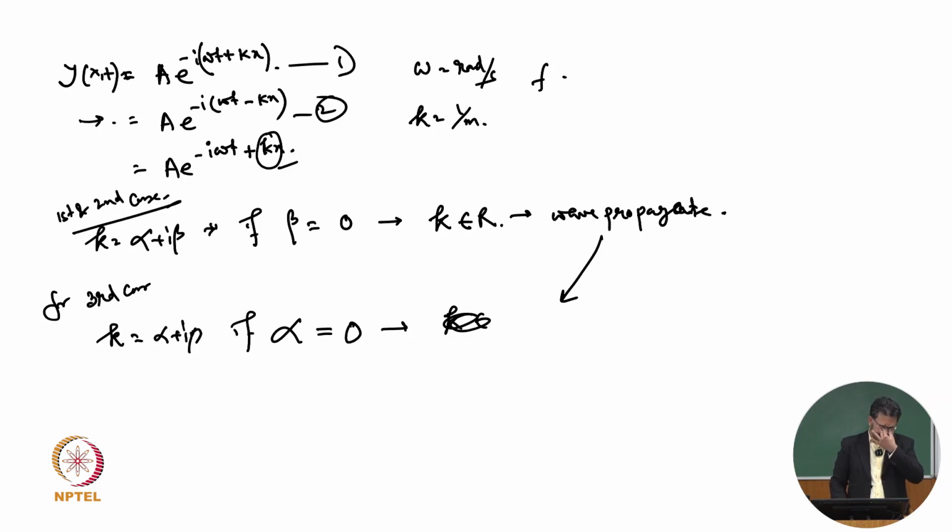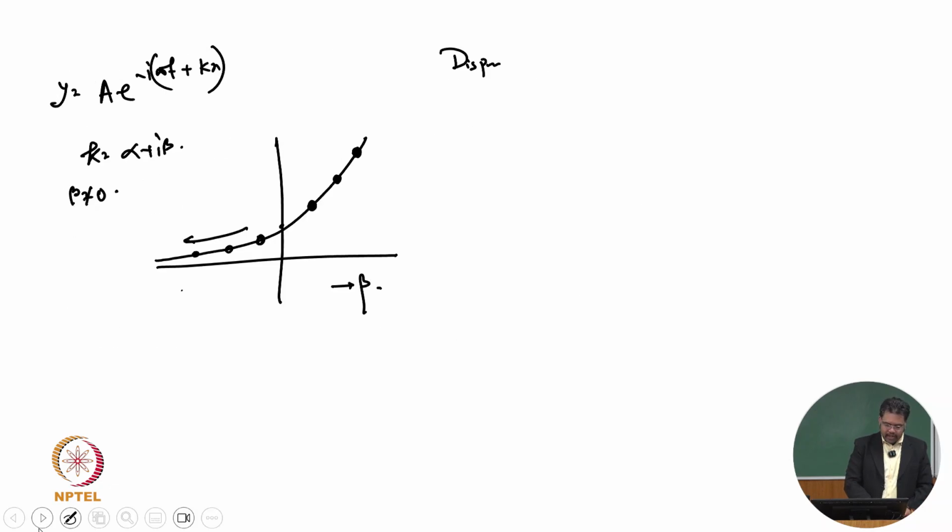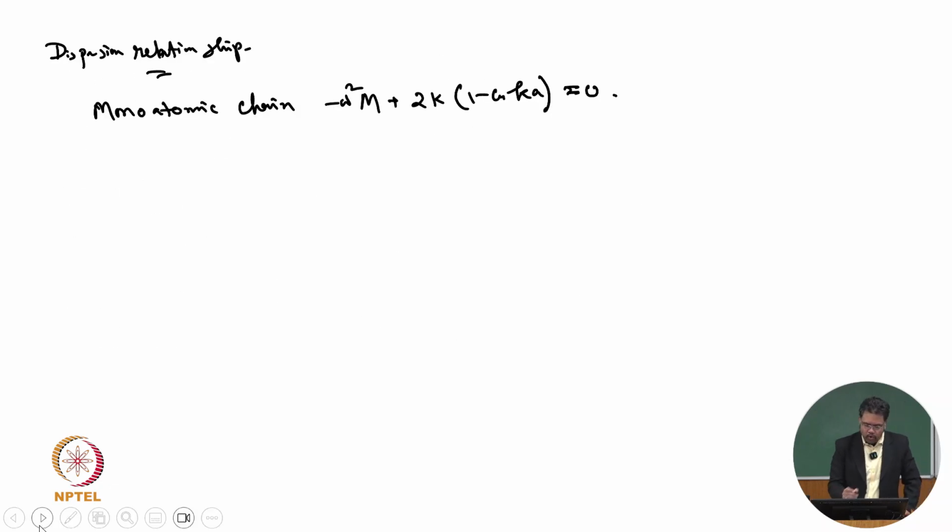Now, often we write kappa times a. What should be the unit of it? What is a? Length, and kappa is 1 by length, so kappa times a is dimensionless.